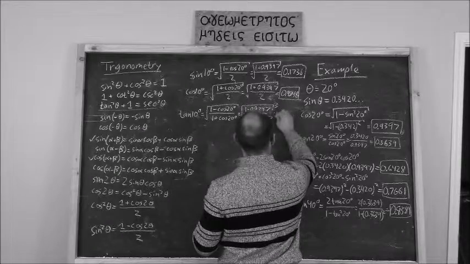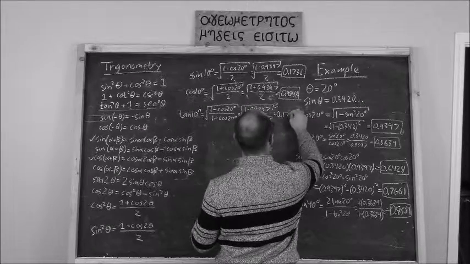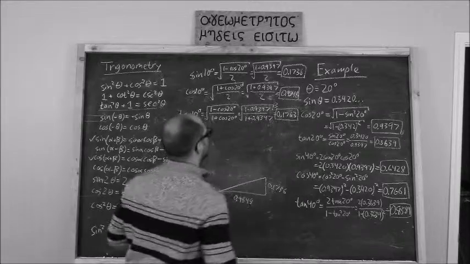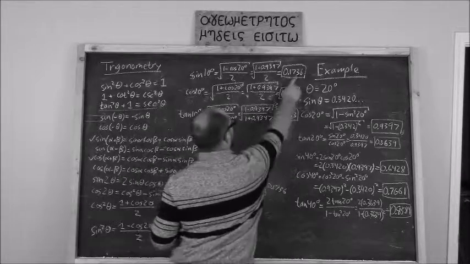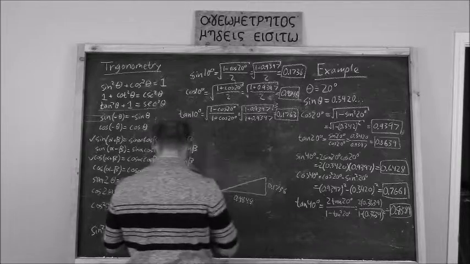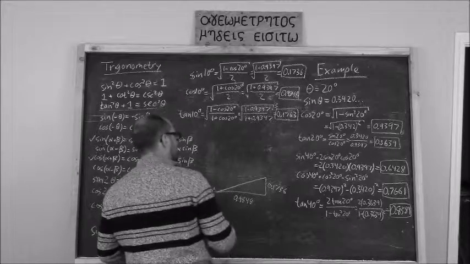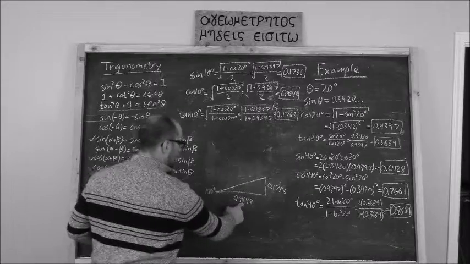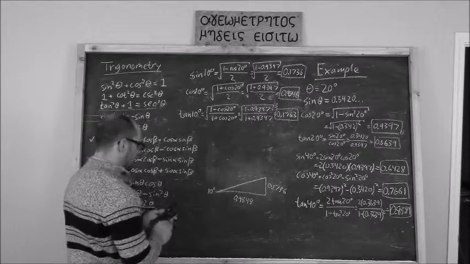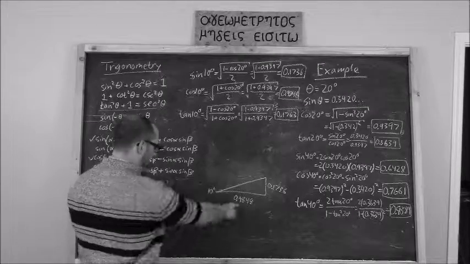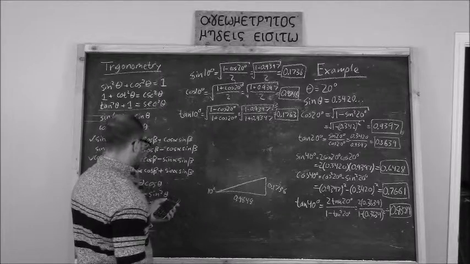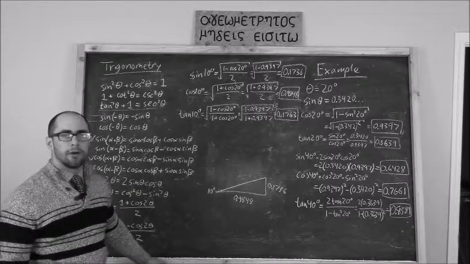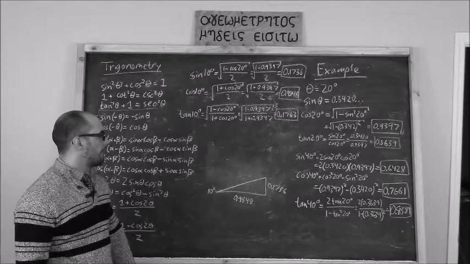And I get 0.1763. Incidentally, that's very close to sine with the last two digits flipped. So I'll check my answer. This divided by that should give me that. Sine is 0.1736 over cosine 0.9848. I get 0.1763. So, looks like it checks out according to our reference triangle.